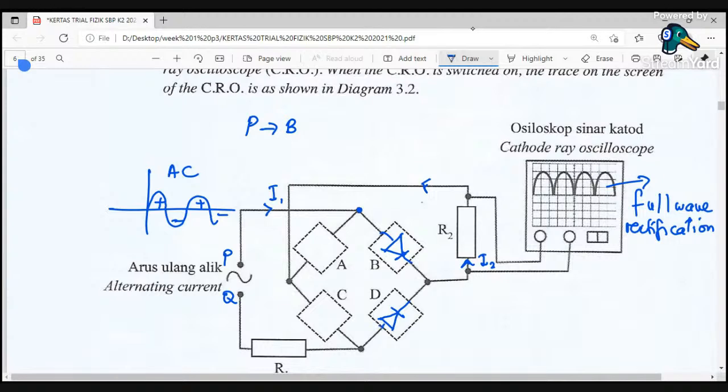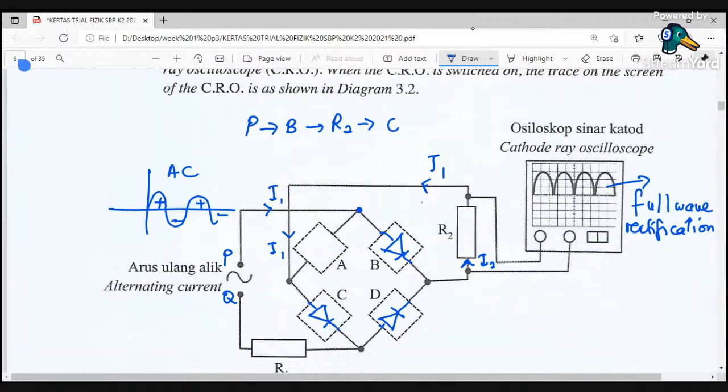So I1 will go here and then go down here. It cannot go to A because it cannot go back to the same terminal. So from B, it will go to R2 and then go to C. Then C is forward bias.